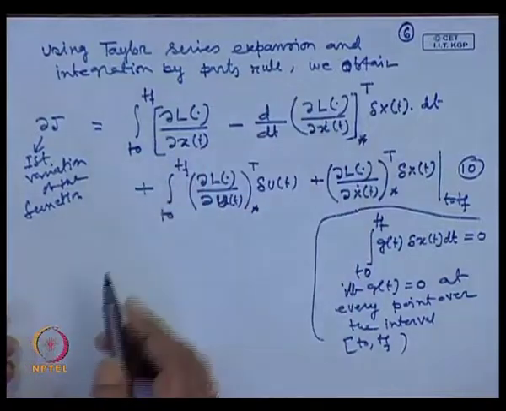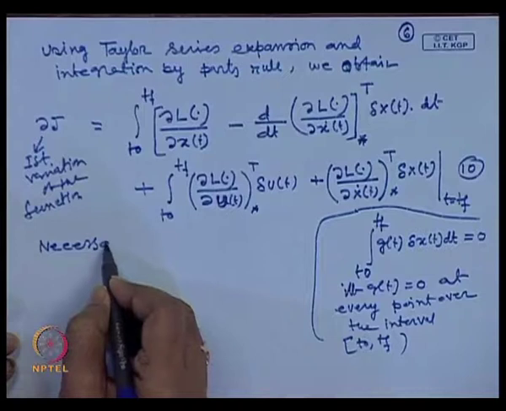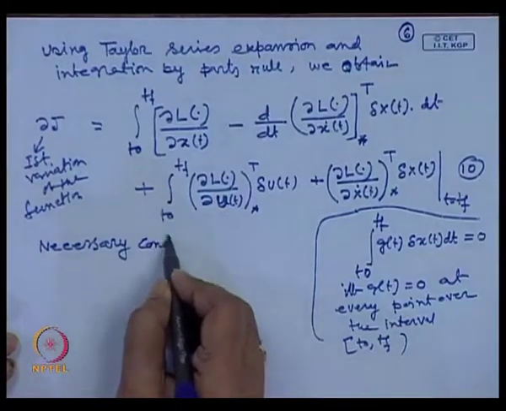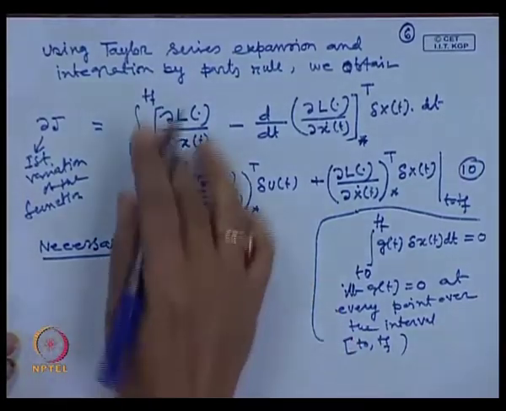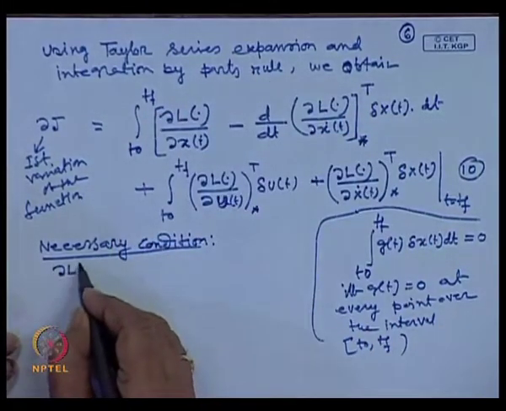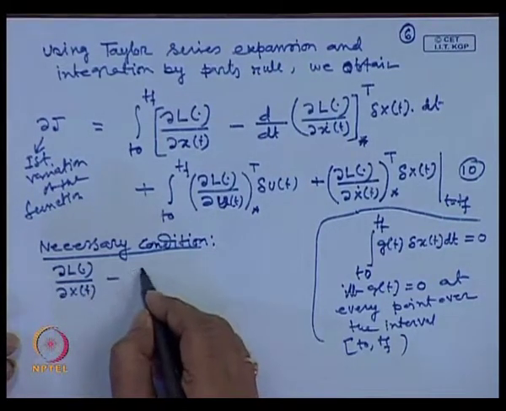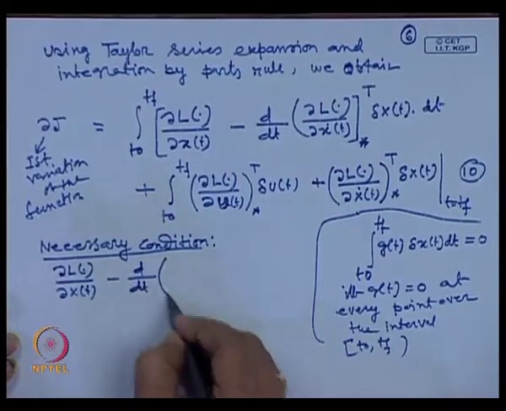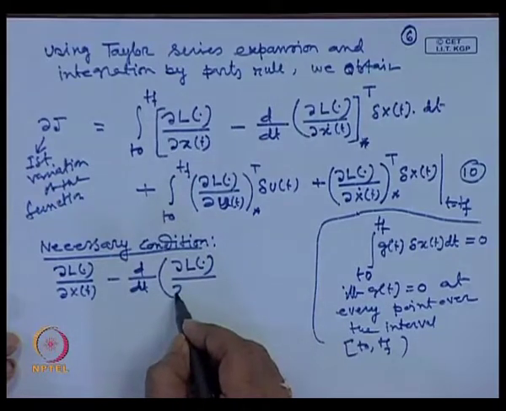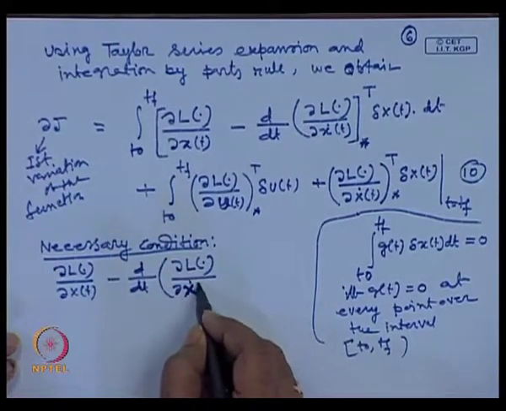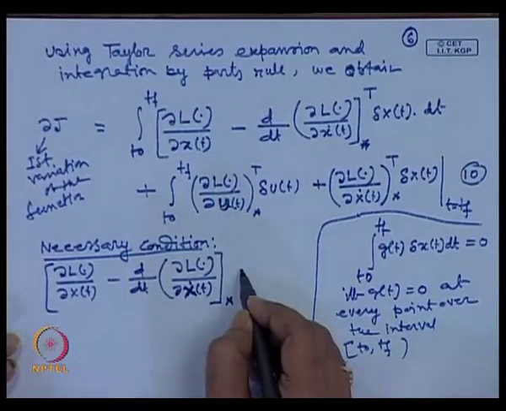So, our necessary condition, just as before, is del L by del x of t minus d by dt of del L by del x dot of t, whole star, is equal to 0.